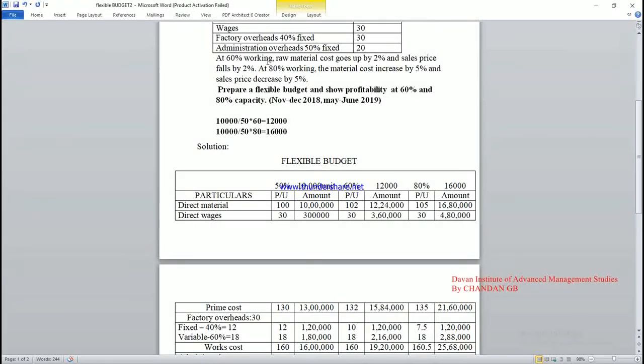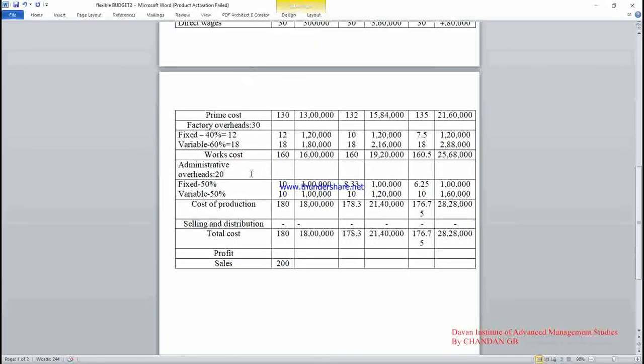They said at 60% working, sale price falls by 2%, means decrease by 2% at 60% capacity. 200 into 2%, that is 4 rupees. 200 minus 4 rupees, the amount is 196.